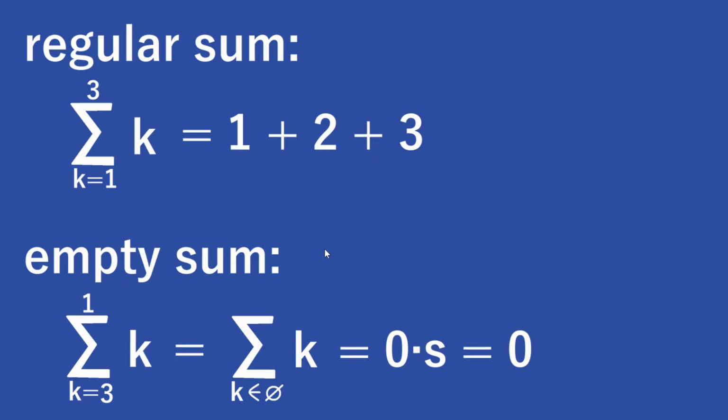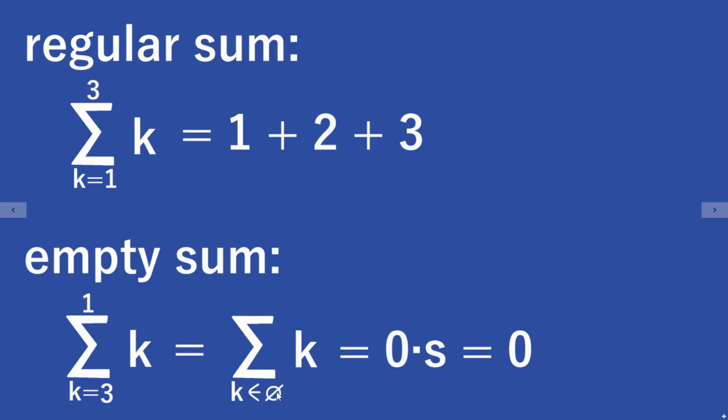So let's take a look at the following example. Here we start from k is equal to 3 and go to k is equal to 1. Clearly 3 is larger than 1, so we have an empty sum. This means that k is inside of the empty set.